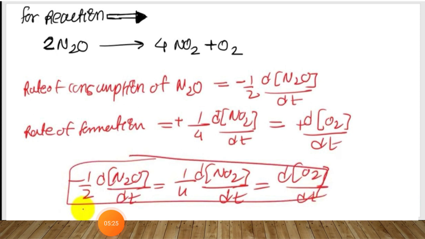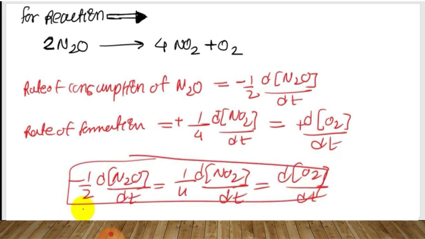So this is the reaction: 2N2O in gaseous state gives 4NO2 in gaseous state plus O2 in gaseous state. As we know that N2O has been consumed and NO2 plus O2 has been formed.